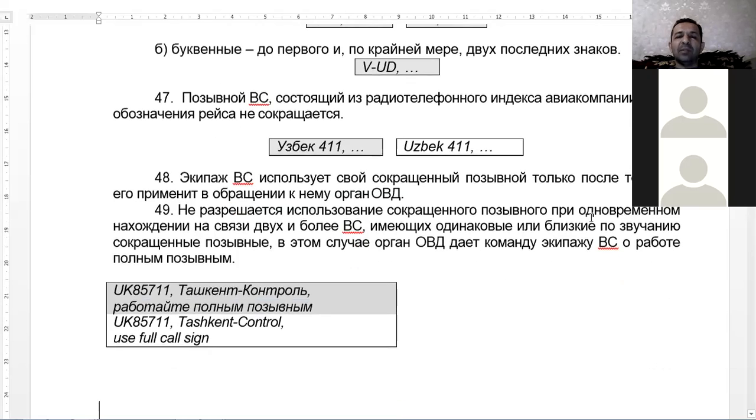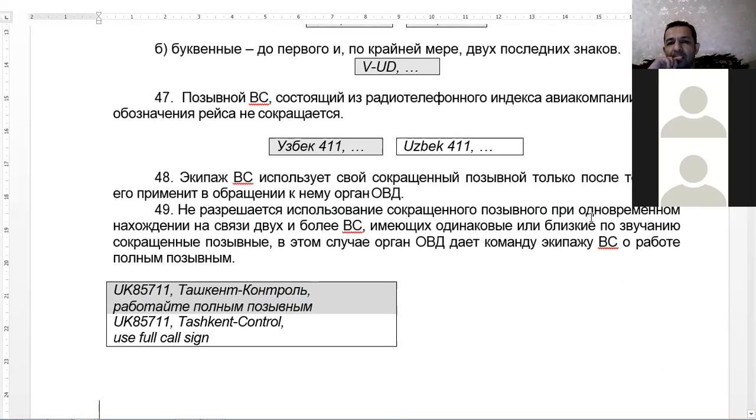But sometimes, if call signs are similar to another aircraft's, the full call sign should be used. There is no allowance to use the same call sign in one area, because it's very dangerous.